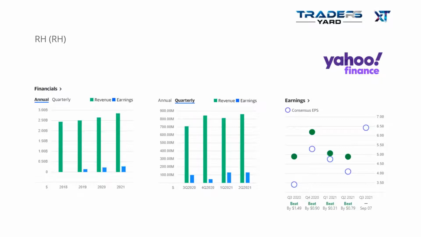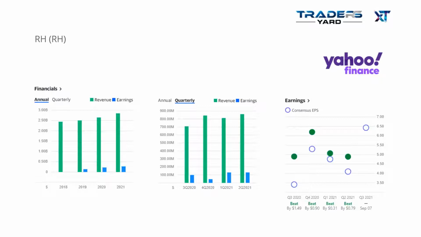And so there was a lot of, let's say, free money where people didn't know what to do with it. Traveling was not possible. So a lot of people bought furniture and decoration stuff, and so this really propelled the revenue and the earnings of RH.